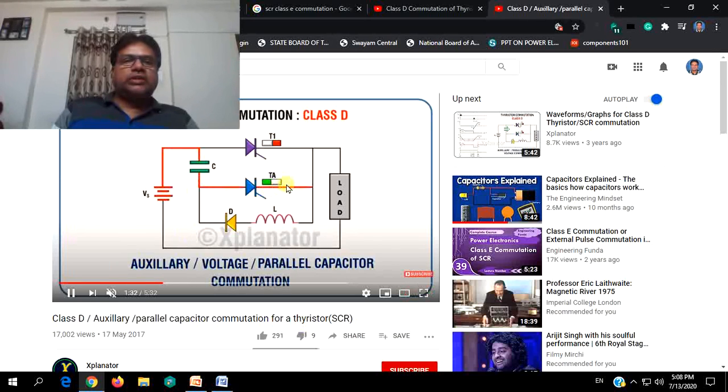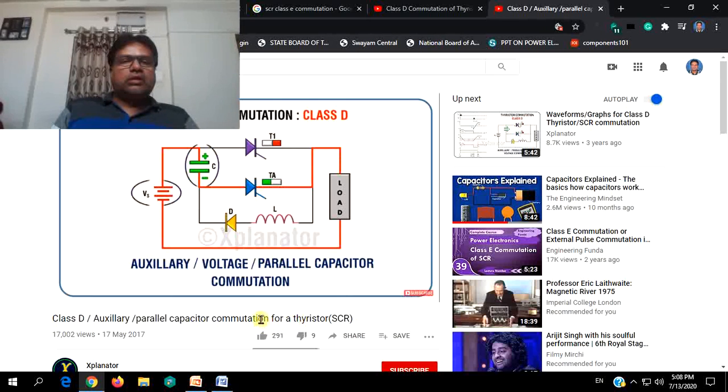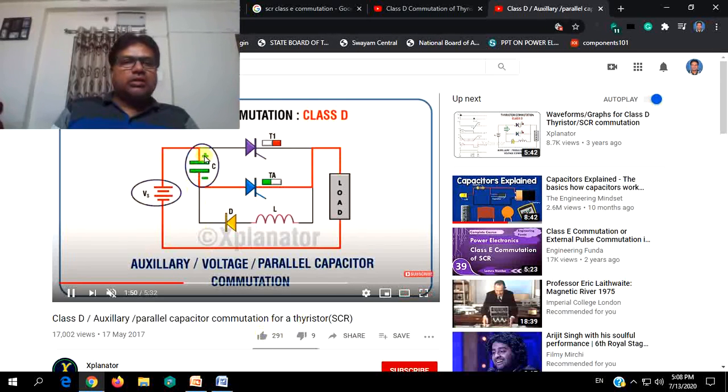When the auxiliary SCR is turned on, current flows from the source, capacitor, auxiliary SCR and the load. This is the starting condition in which the capacitor will get charged like this, plus minus. And as soon as the capacitor voltage becomes equal to the source voltage, there will not be any further current flow through the load and auxiliary SCR. The auxiliary SCR will turn off.